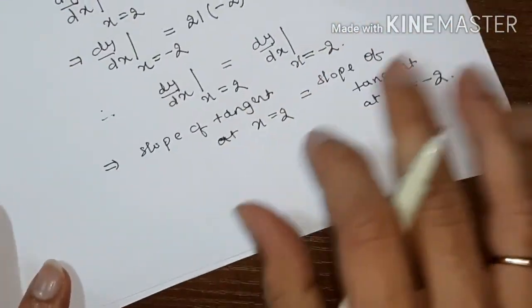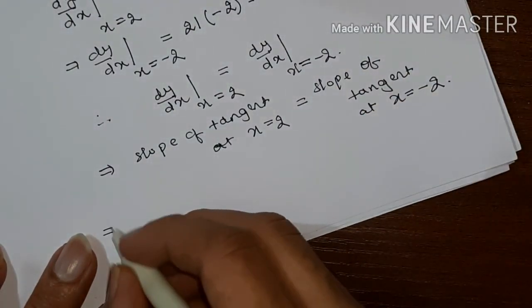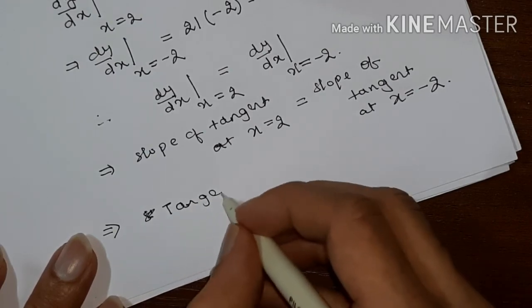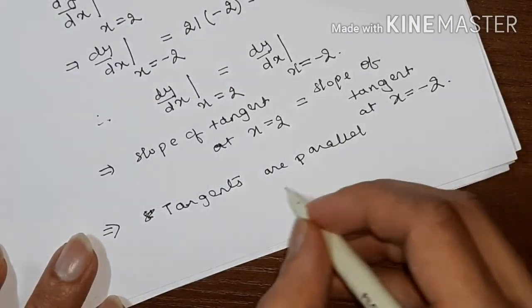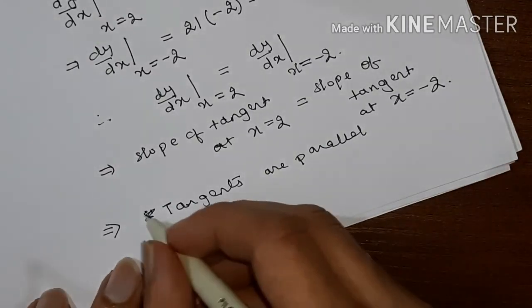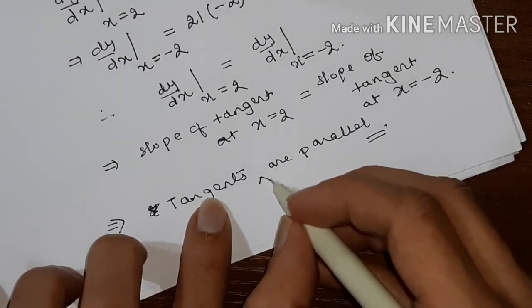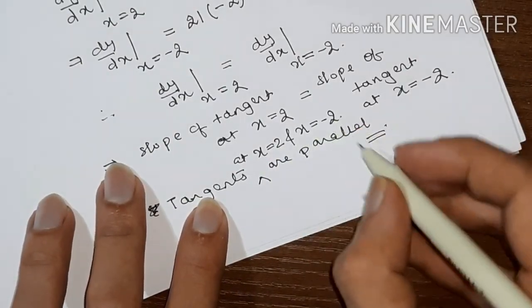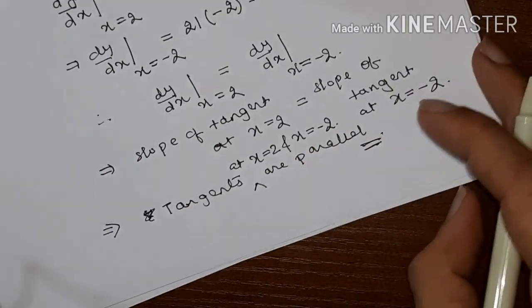So slope of the tangent at x equal to 2 is equal to the slope of the tangent at x equal to minus 2. So this implies the tangents are parallel, okay, tangents are parallel, right? Okay, or also you can write tangents at x equal to 2 and x equal to minus 2 are parallel. Okay, so that is the answer for the 16th problem.